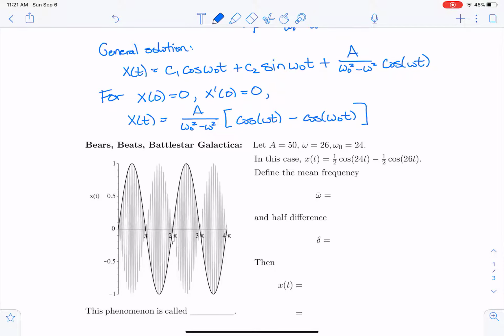That actually tells us that C1 will equal minus A over omega 0 squared minus omega squared, and C2 will equal 0.